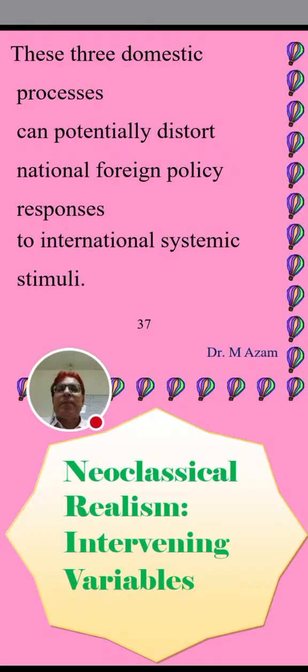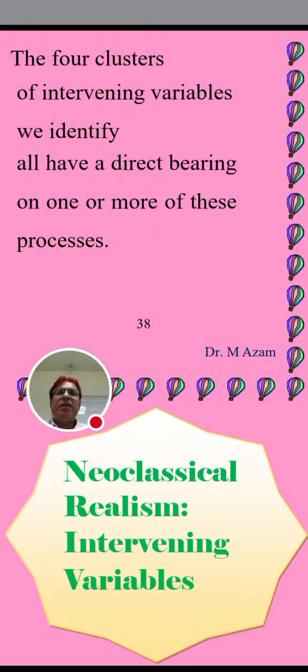The four clusters, four groups of intervening variables, all have a direct bearing on one or more of these processes: perception, decision making, and implementation.